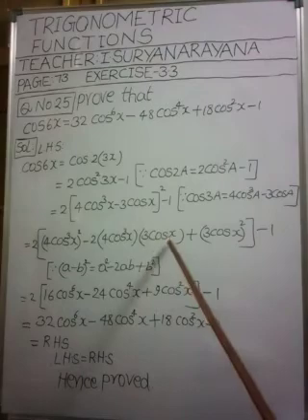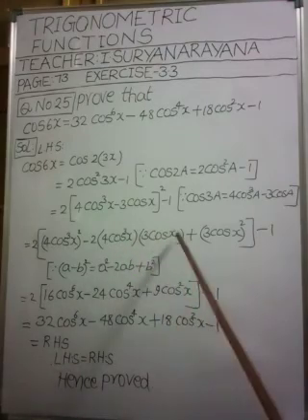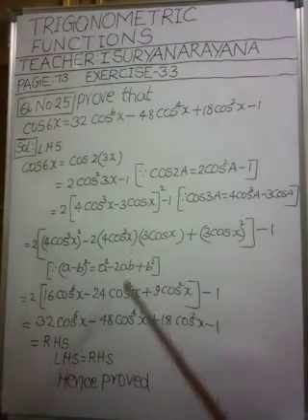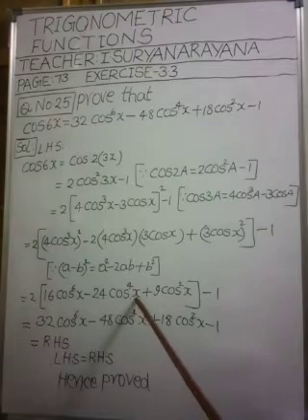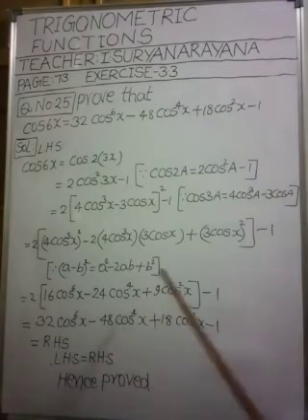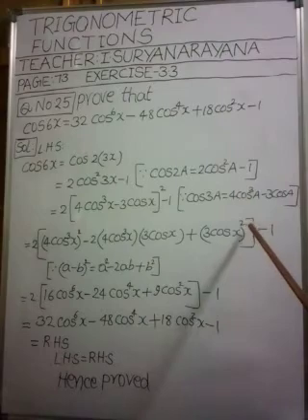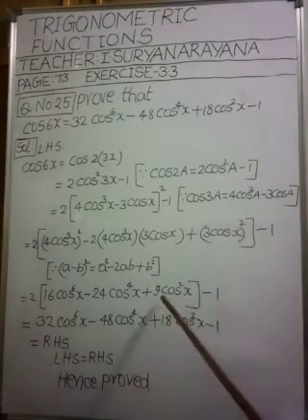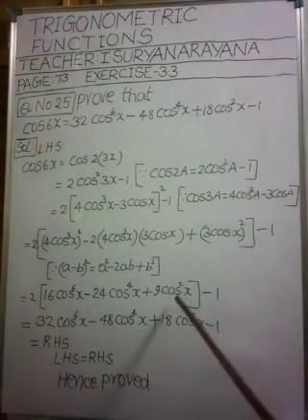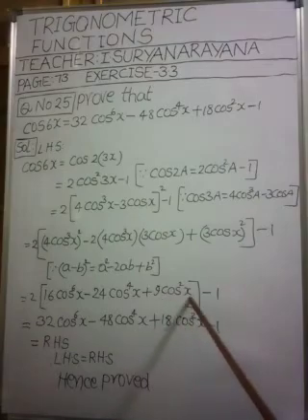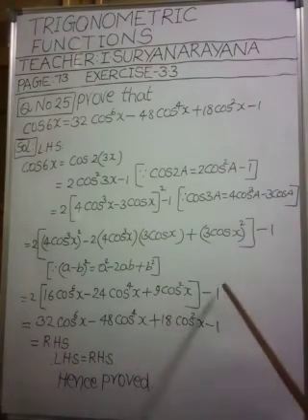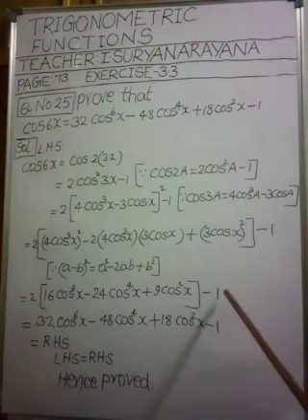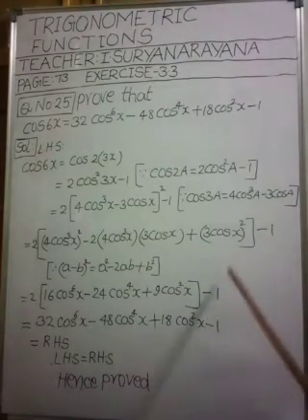Cos cube x into cos x, by the formula a power m into a power n, gives cos power 4x. Understood this term? Plus 3 cos x whole square: 3 square is 9, and cos x whole square means cos square x. Minus 1, we wrote as it is. Understood this statement, children?